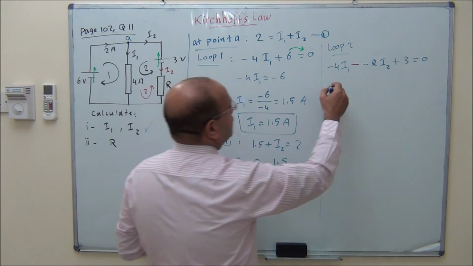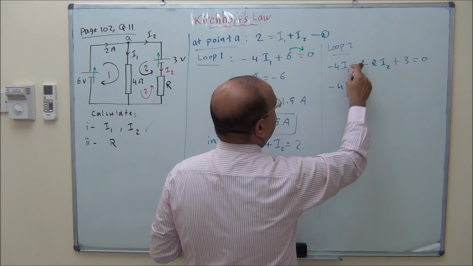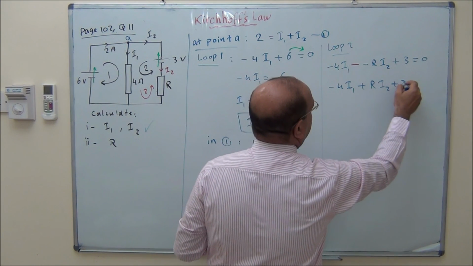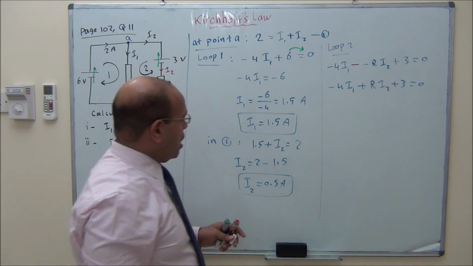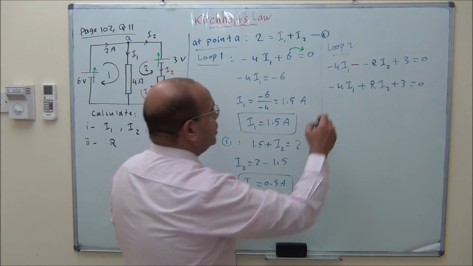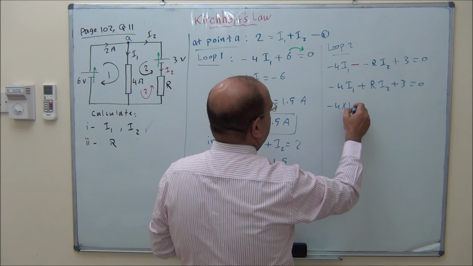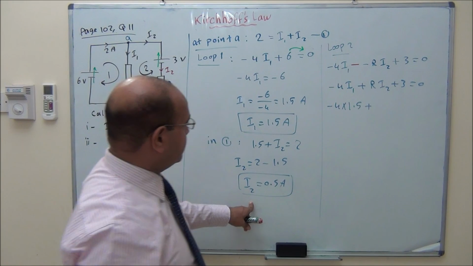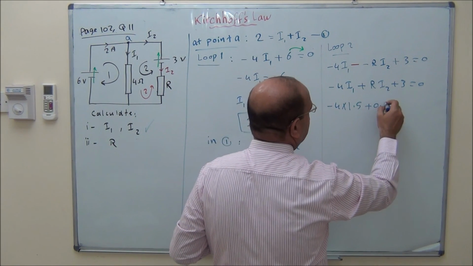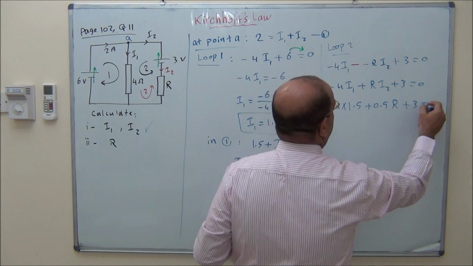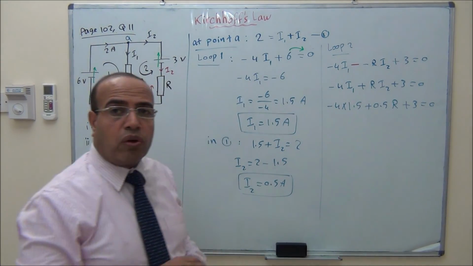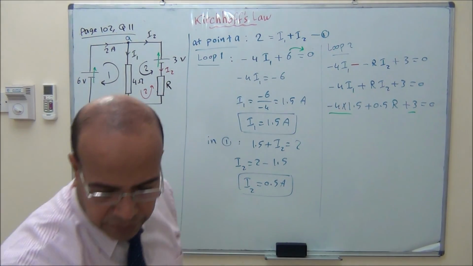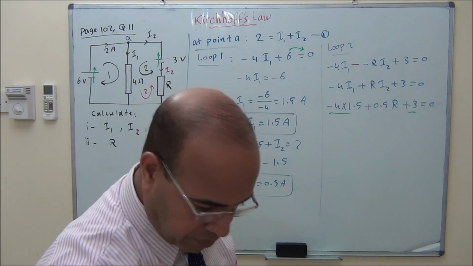So negative 4 I1. Negative times negative is positive, so R I2 plus 3 equals 0. I1 is 1.5, so negative 4 multiplied by 1.5, plus I2 is 0.5, so 0.5 multiplied by R, plus 3 equals 0. We can solve this. The like terms are these ones. Using the calculator, they are negative 3.